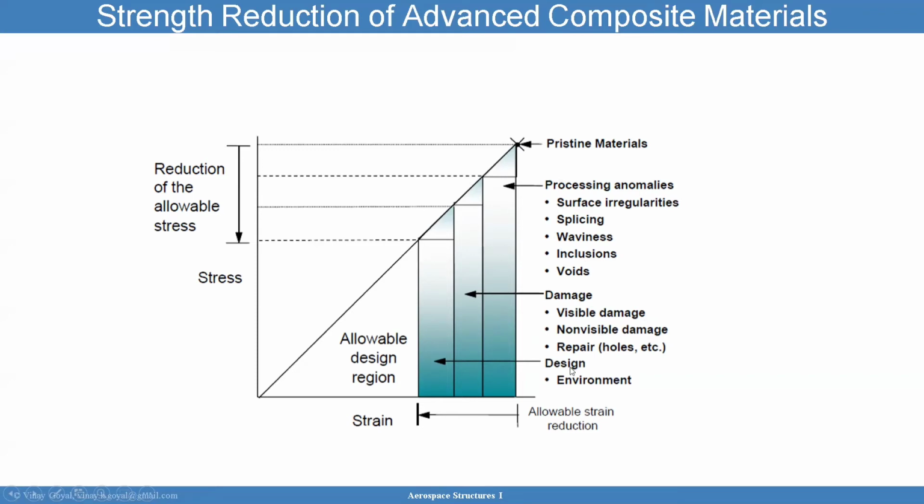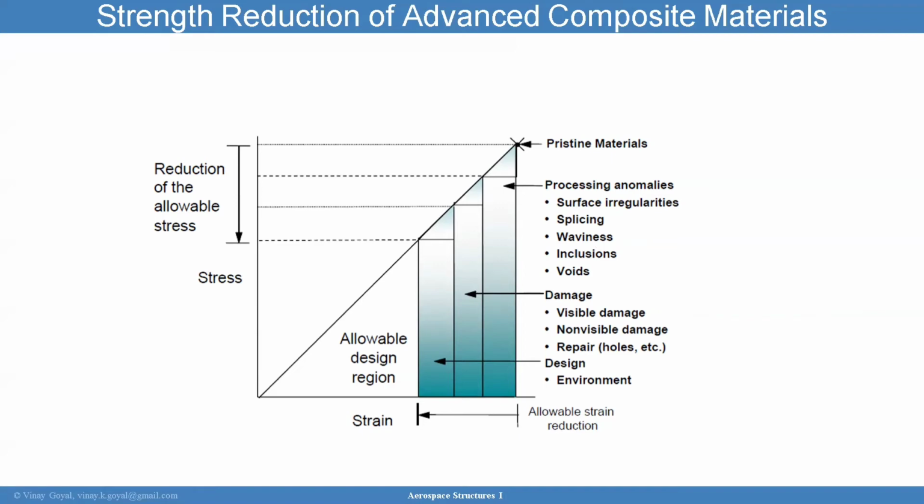Then you have your design environment, such as thermal and moisture, which can further reduce your allowable. So accounting for all this will protect the composite during the life of the program for all the various processing anomalies and damage. And if your allowable can account for that when you encounter them in real life, then you don't have to worry about it as much because you accounted for it.